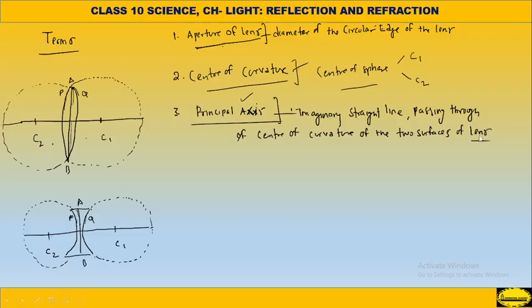That is what the principal axis is. This is what represents your principal axis. Here also this line indicates your principal axis, and it is also passing through the optical center C.